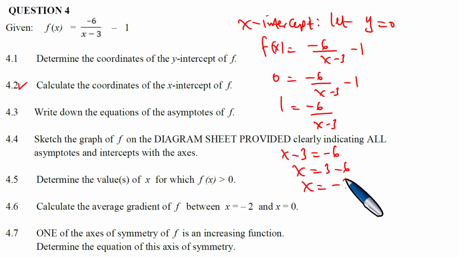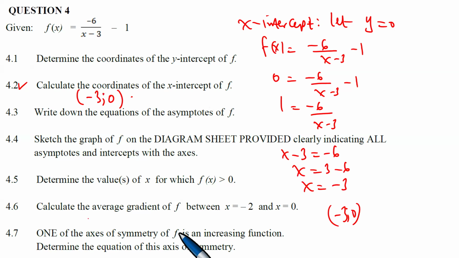What is 3 minus 6? x is minus 3. So the coordinates are x is minus 3 and y is 0. These become the coordinates of the x-intercept of f. Where's the question? Maybe you're seeing a mistake somewhere. Please let us know. You're welcome to let us know if you make an observation.